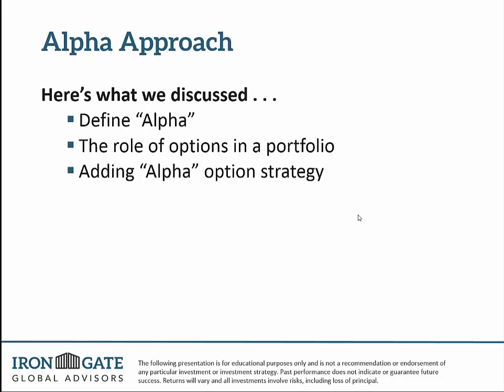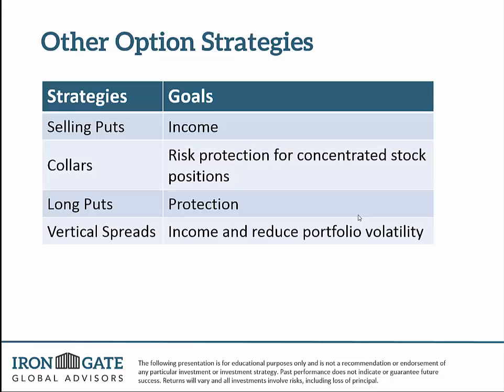So we'll stop there. Here's what we discussed. We defined alpha. What is alpha? We looked at the role of options in a portfolio by looking at really two strategies, and we're talking about adding alpha option strategy in particular. There's other option strategies that we use as a firm. Selling puts straight for income is the goal there.